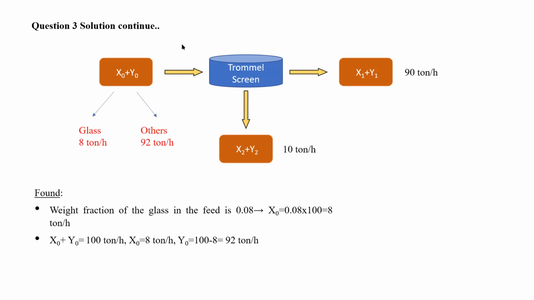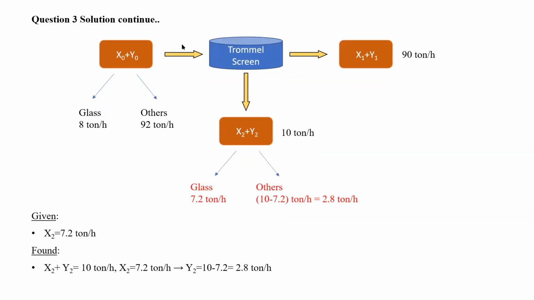And then, since in the question the mass percentage of glass in the feed flow part is specified as 8%, the flow rate of glass in the feed is estimated as 8 tons per hour. And the remaining part, which is 92 tons per hour, comes from the other components.